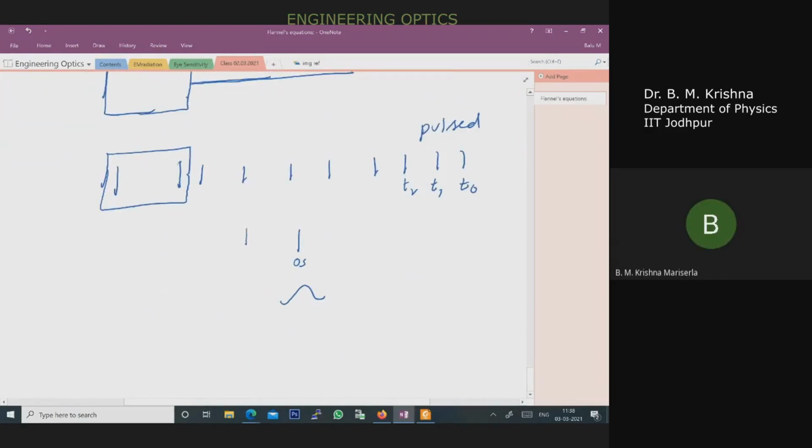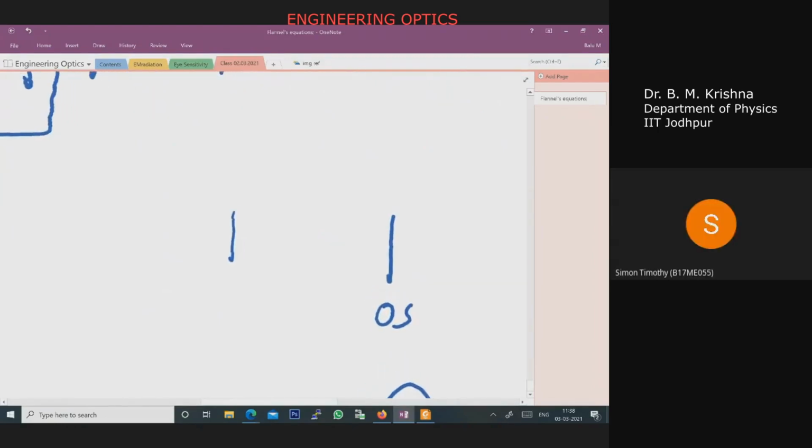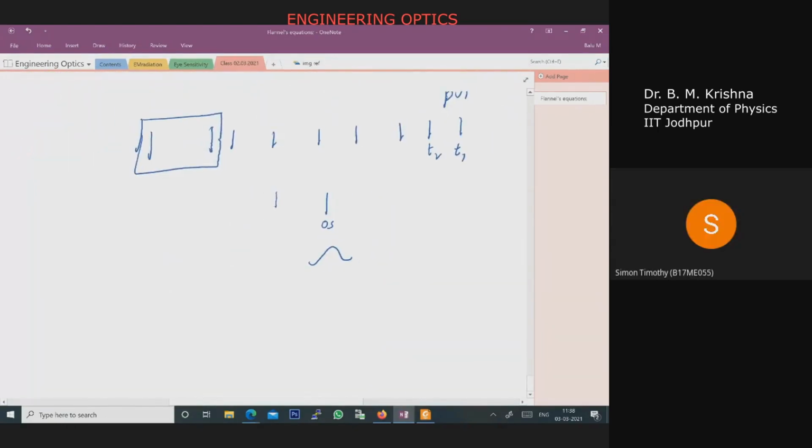When I draw a line, you can see a simple line, but when I zoom in, it will not be a simple line, it will be Gaussian. This width is your time domain delta t, or we generally call it delta tau. So this width is called the pulse width.